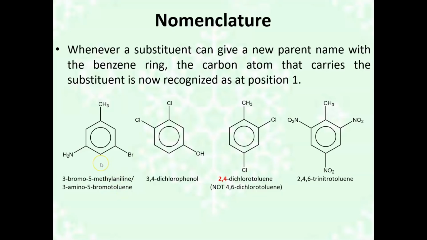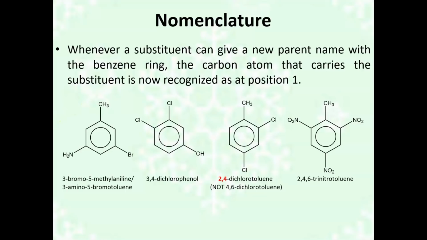Another correct answer is if we take aniline as the parent name. So the carbon with the NH2 will be carbon position number 1. And now either the bromine, Br, or the CH3 will be position 3.